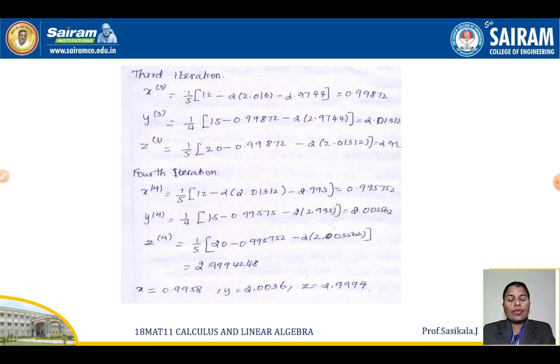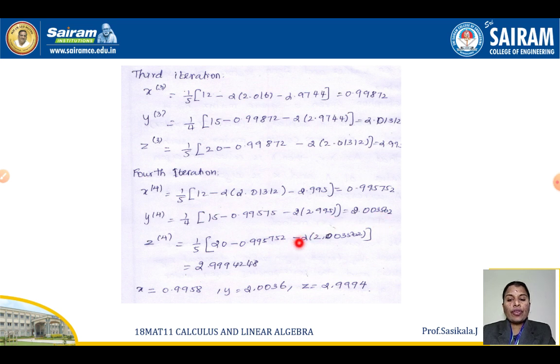Okay, so to do the fourth iteration, this is your last iteration because the question asks to carry out only 4 iterations. For the fourth iteration you should use your third iteration values, y3 and z3. Substitute, and you will get x4 as 0.995752, and for y4 you have to use x4 and z3, and I'll get 2.003562.